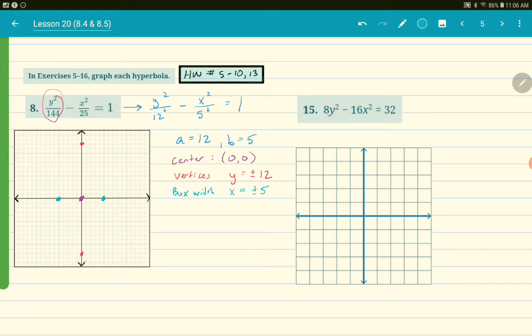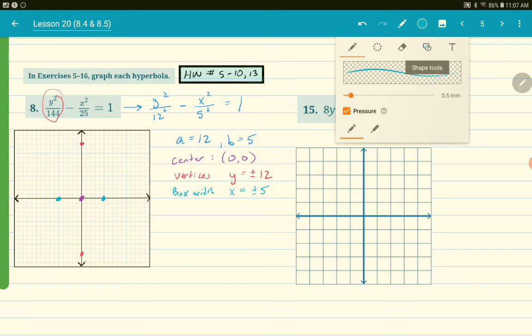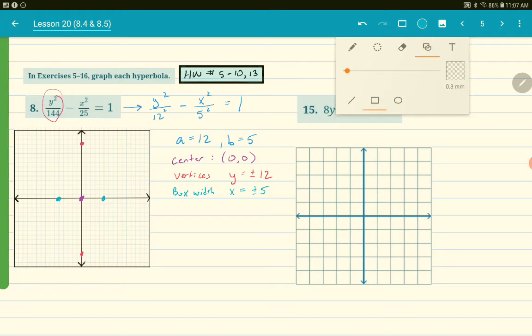Like if I was doing my ellipse, I would now draw my ellipse like that. But again, we're doing a hyperbola. So you can see the beginning process is very similar. But instead of doing an ellipse, we're drawing the lines going away. So it's a difference instead of a sum. Okay, so that means we have our box height and width. So I will grab my handy dandy box tool and do my box in light blue.